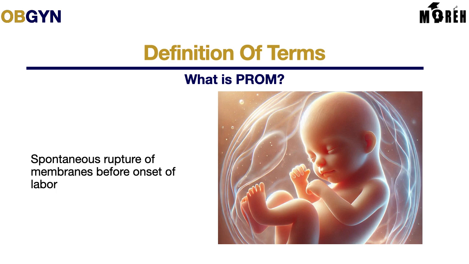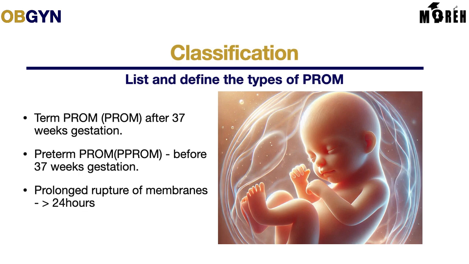All right, and so this can be classified into different types based on the gestational age. If PROM happens after 37 weeks, remember we're saying it's a spontaneous rupture of membranes before the onset of labor. If it occurs after 37 weeks, we refer to that as term PROM. Then if it occurs before 37 weeks, we refer to it as preterm PROM or PPROM.